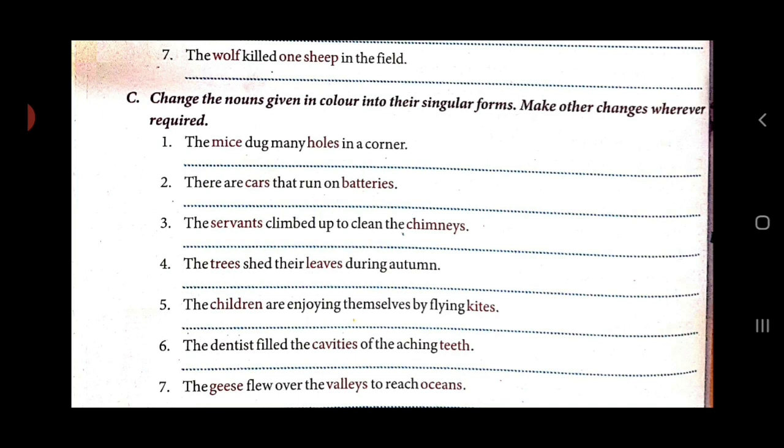Now "many" will not come. Now we are talking about singular form. Okay, again I am repeating, listen carefully. The mouse dug a hole in a corner. Okay, same rules follow in the other sentences. Understood? And try to solve the same.